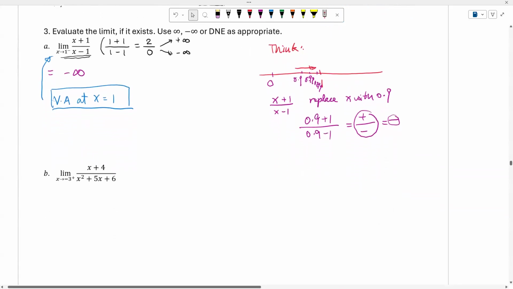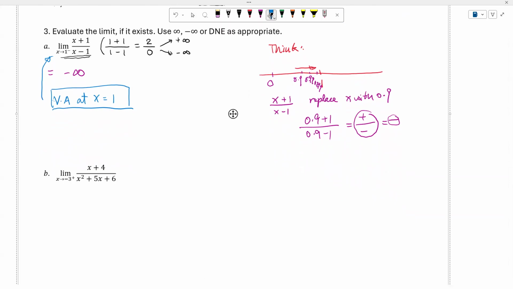Now let's try the next example. Again, let's try direct substitution. x approaches -3, so I will have -3 plus 4 divided by -3 squared plus 5 times -3 plus 6. Then I will have 1 divided by 9 minus 15 plus 6.